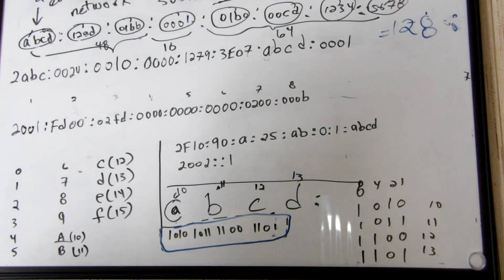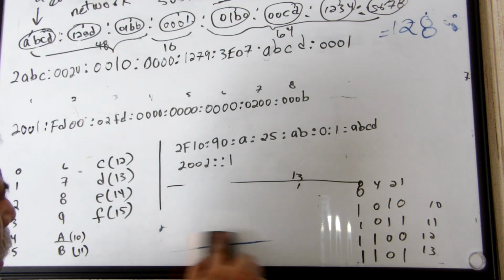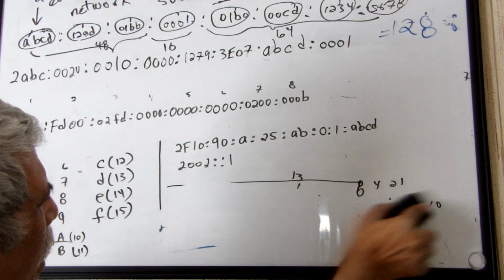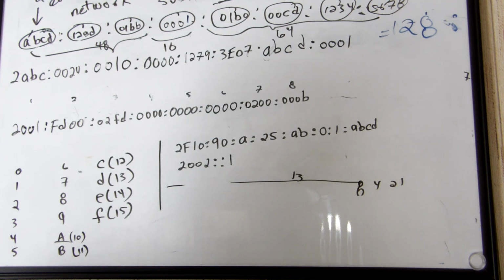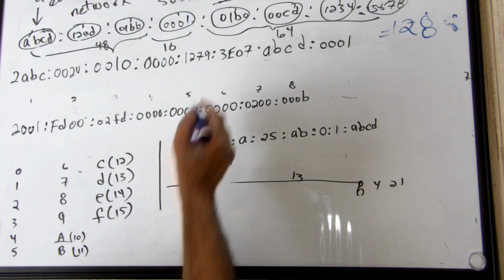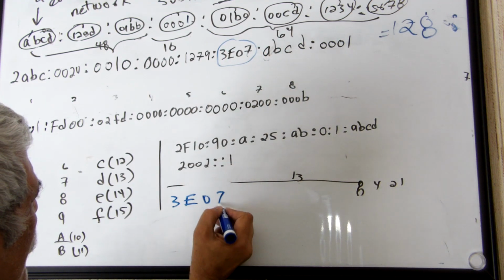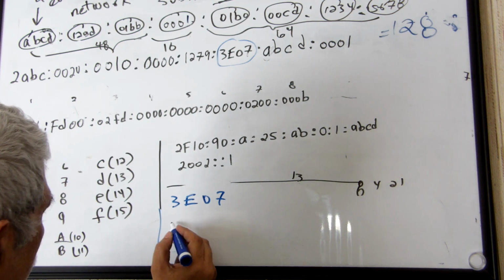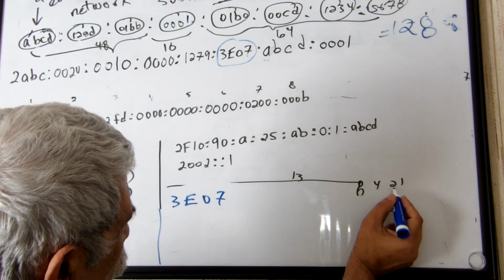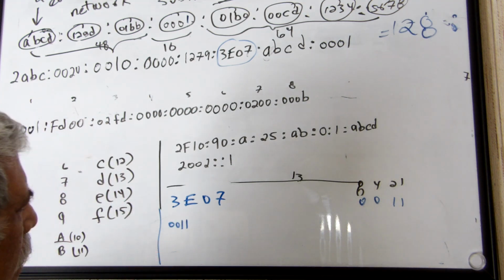If you want to have a practice a couple more of these, we are going to talk about this one, 3E07. Okay, the first one, 3, in binary, is going to be 2, 1, so it's going to be 0, 0, 1, 1.